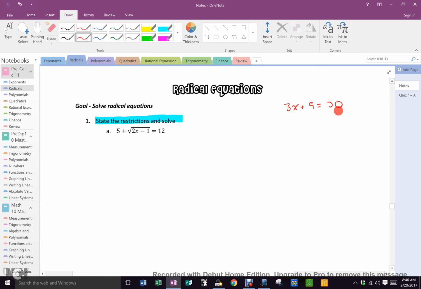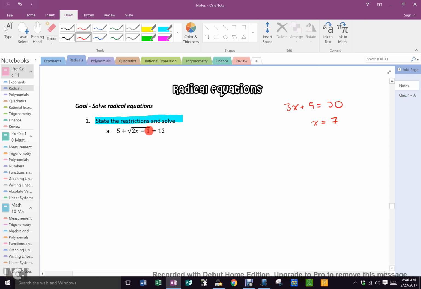Minus 9 from both sides, divide by 3, and x would equal 7, right? And that is the only answer to this question, correct? So the restriction on x here is x must equal 7.